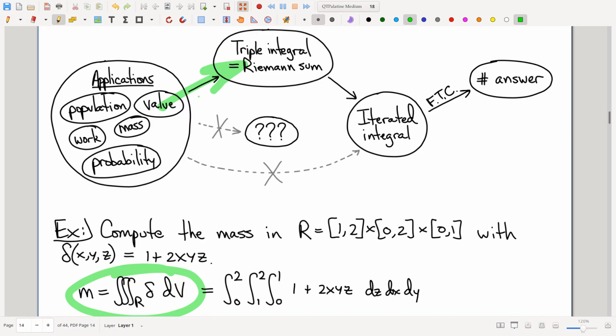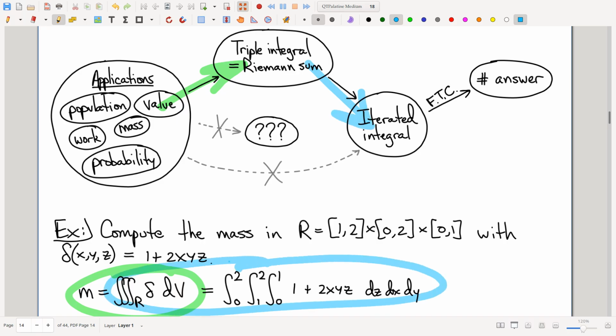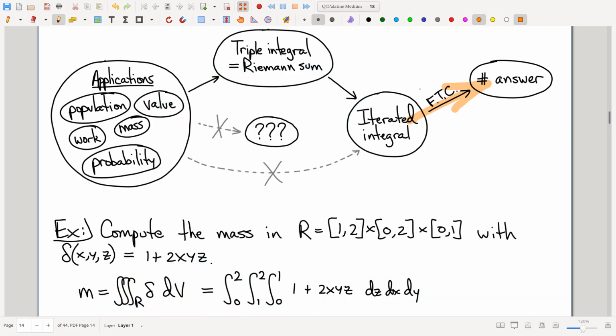We just claimed, and I'm going to cite here, that you can rewrite triple integrals as iterated integrals. Right? Citing that theorem. And then all that remains is the cranking, actually doing the fundamental theorem and evaluating this iterated integral.